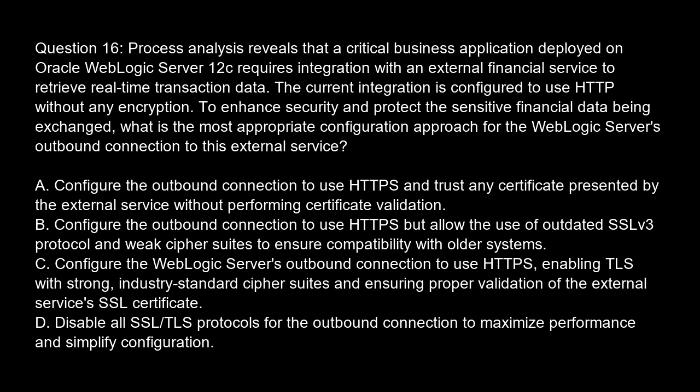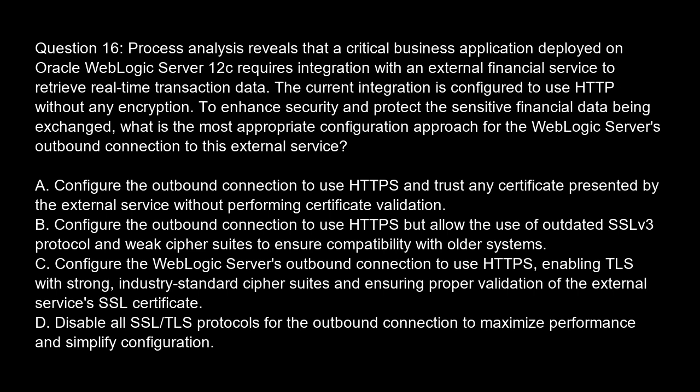Option A. Configure the outbound connection to use HTTPS and trust any certificate presented by the external service without performing certificate validation. Option B. Configure the outbound connection to use HTTPS, but allow the use of outdated SSLv3 protocol and weak cipher suites to ensure compatibility with older systems.